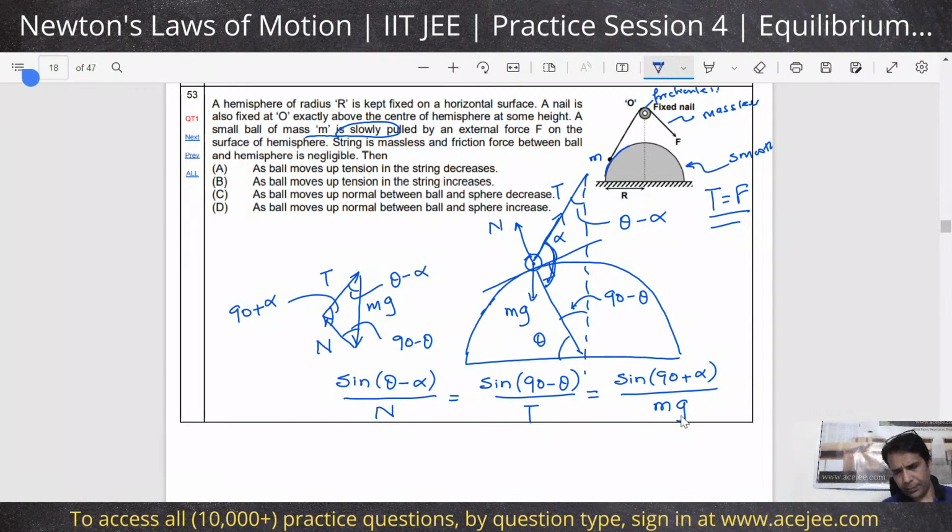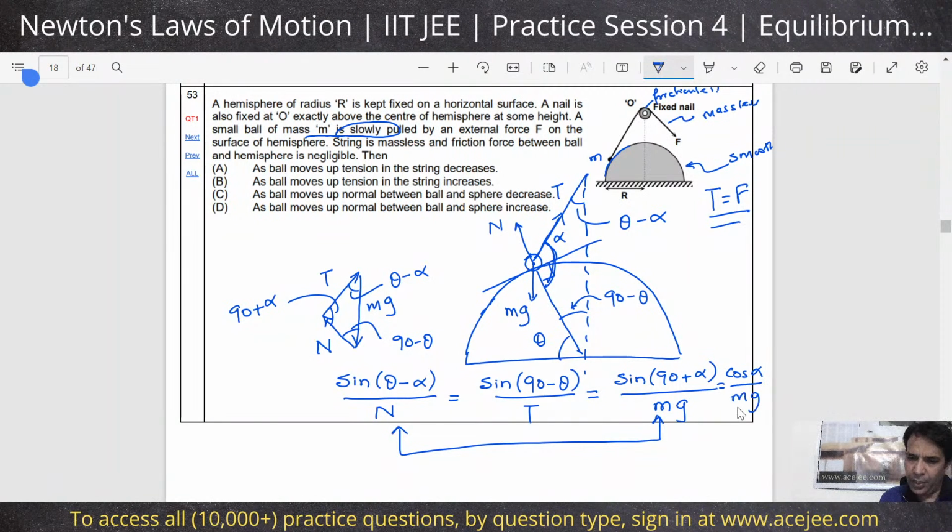Correct, beta? Let's first look at these two. Sine of theta minus alpha divided by N is equal to sine of 90 plus alpha by mg. Now sine of 90 plus alpha is nothing but cos alpha. Yes, sir.